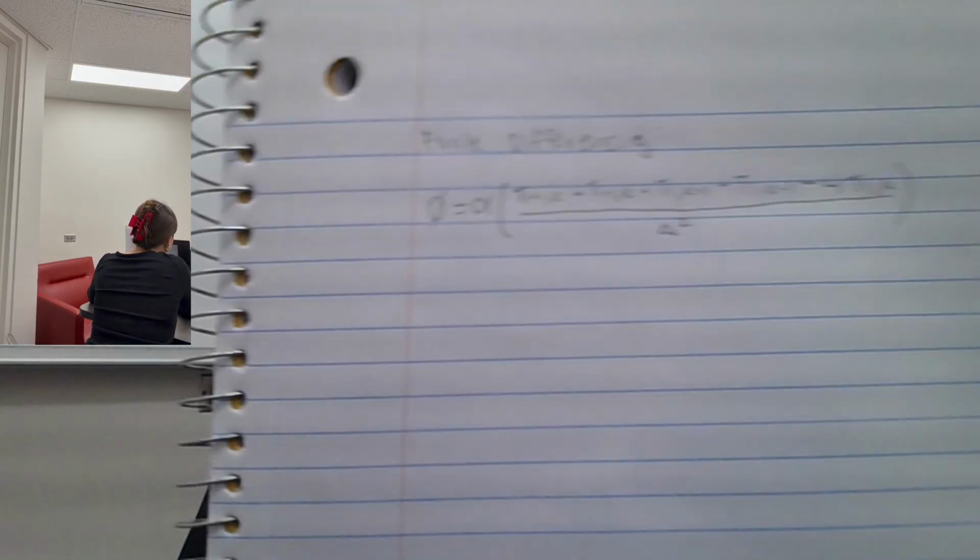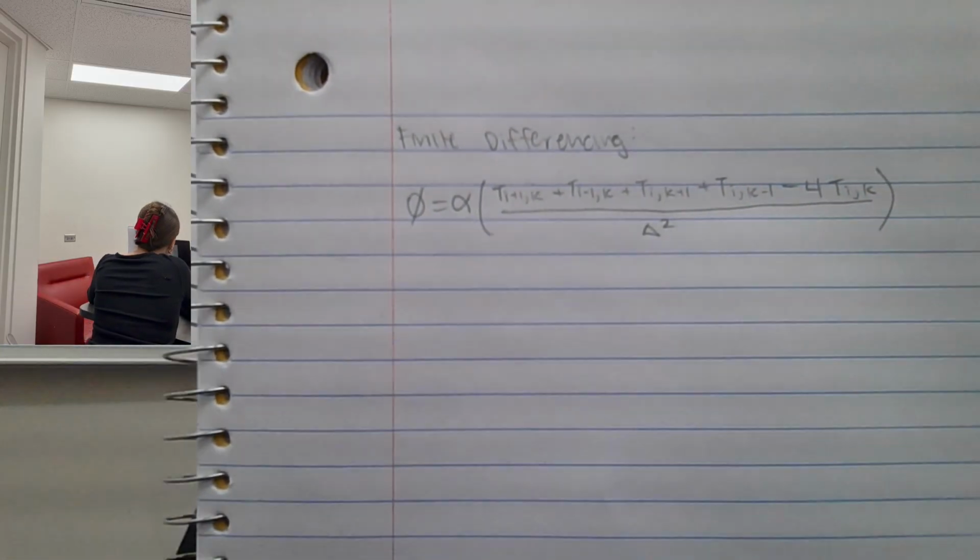So this is our more simplified equation now. We got rid of those time components and just copied over the rest.